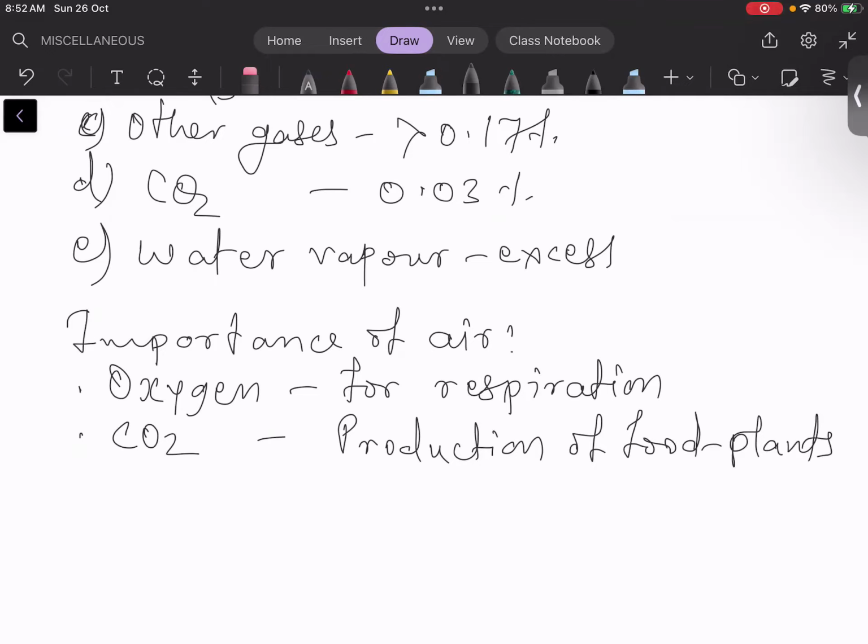That is, green plants absorb carbon dioxide, take water, and with the help of sunlight and chlorophyll, a pigment present in chloroplast, CO2 and water get converted to glucose.